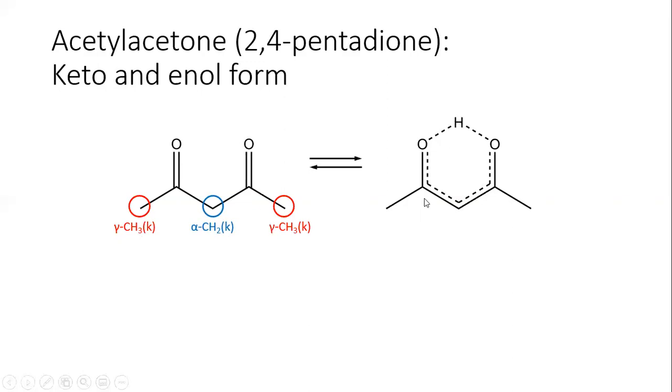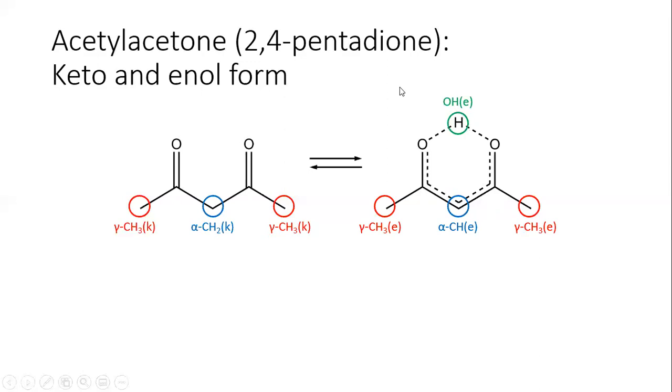Now, if we look into the enol form, again, we recognize that there are the terminal, or the gamma, methyls. There is the alpha carbon that now has only one proton. And there's also an OH proton, which comes from the CH2. So of the CH2, one of the hydrogens stays here, and the other one becomes the OH.